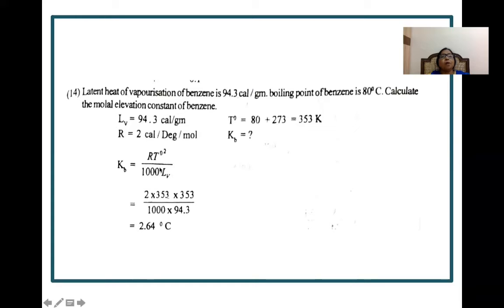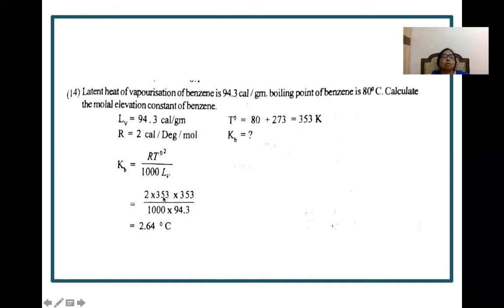So R is 2, temperature is 353 kelvin, so 353 into 353, T square, so 2 times that divided by 1000 Lv, where the given latent heat is 94.3.